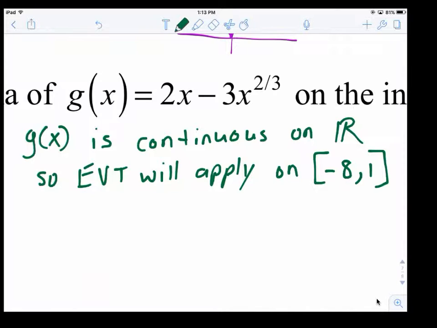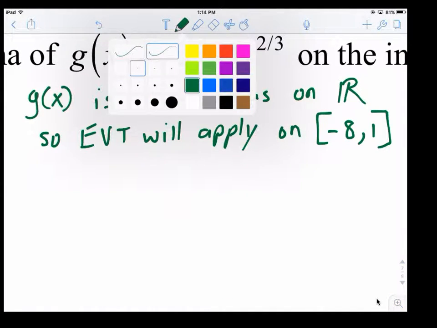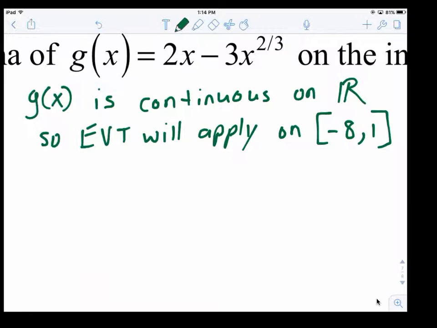Continuous and differentiable are two different things. But since it will apply, we're definitely going to get a max and we're definitely going to get a min. That's what EVT says.